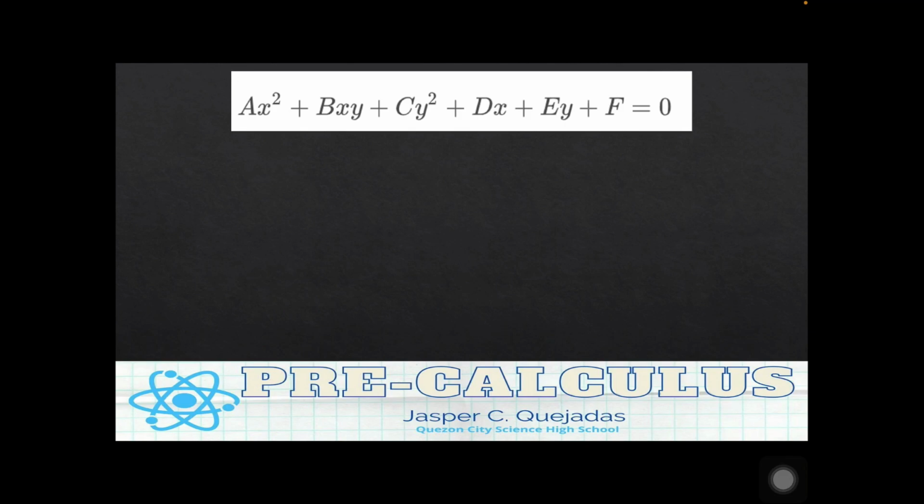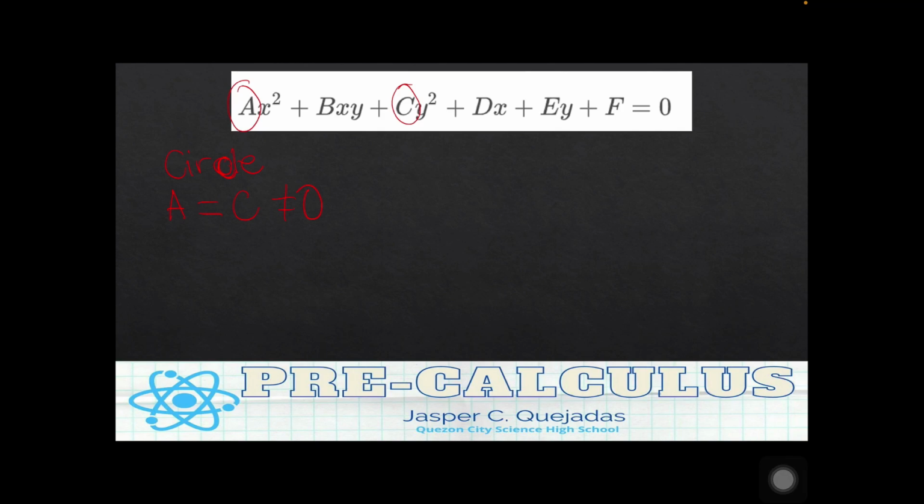Okay, so in order to do that very fast, we only need to look at the values of A and C. To know whether the equation is a circle, A must be equal to C. So A and C should have the same values, and they must not be equal to 0.